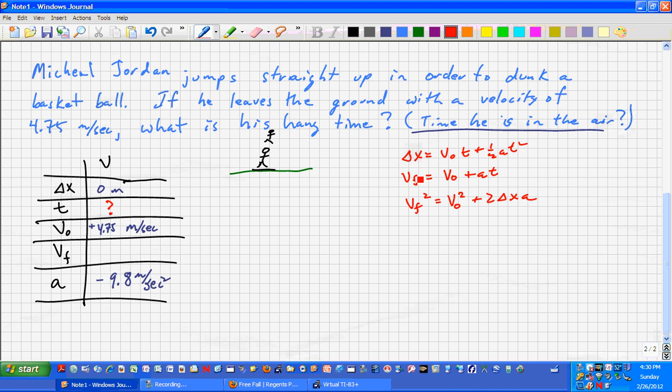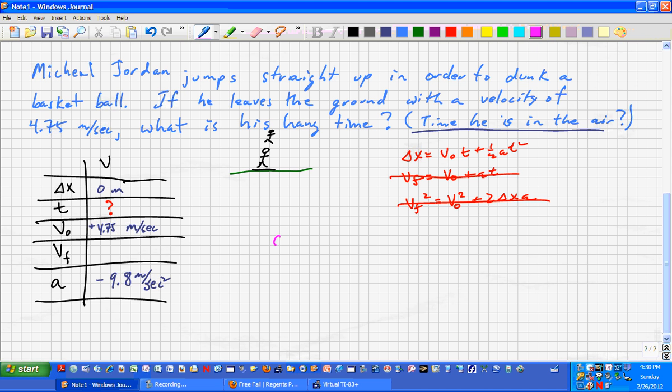We do have acceleration, but I'm missing two things in this, so this isn't going to work for me. Again, I'm missing time. I've got change in position and acceleration, but time isn't even in this equation. That's not going to help me, so this is probably what I'm going to use. So let's go up here and see what we can get to work for us.